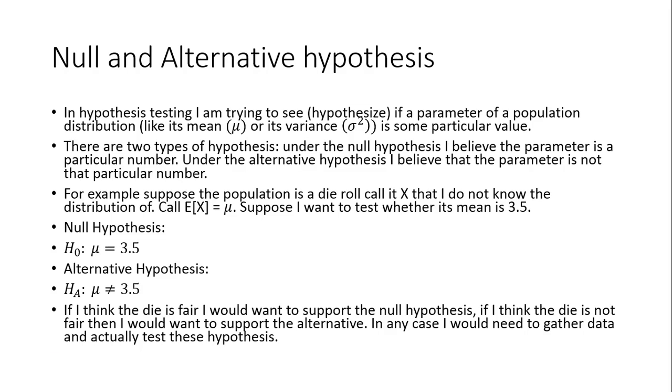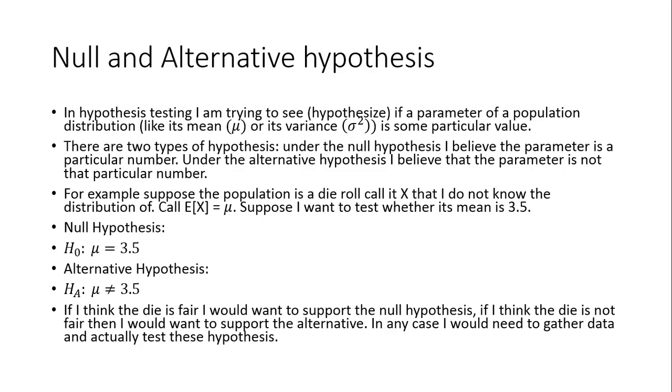For example, suppose the population is a die roll, call it X, that I do not know the distribution of. In this case, call the expected value of it mu. Suppose I want to test whether its mean is 3.5.